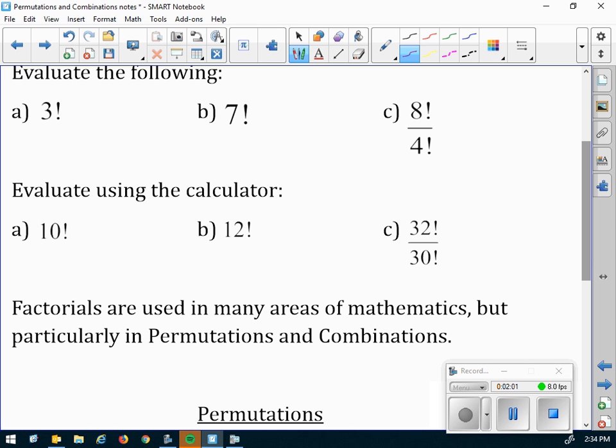Now, 3 factorial is a pretty easy one anyway. How would I write out 3 factorial? It's just 3 times 2 times 1, which is 6. Now let's look at 7 factorial. 7 factorial is 7 times 6 times 5 times 4 times 3 times 2 times 1.